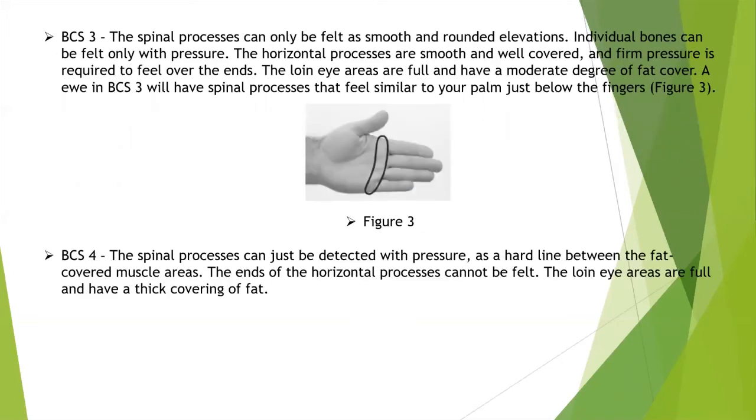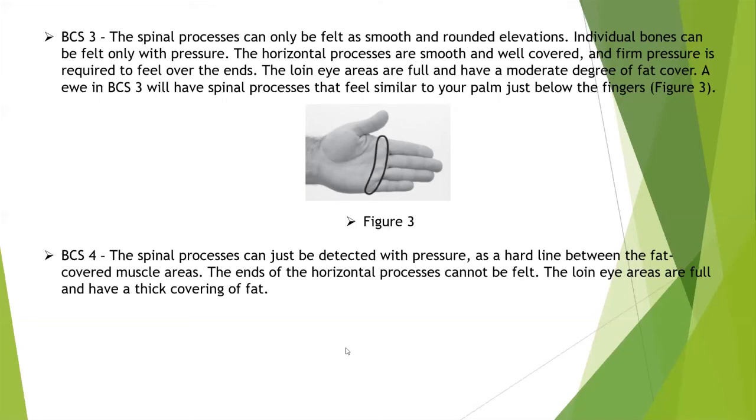Body condition score of 3, it looks like a nice healthy animal, not too fat, not too skinny. If you're doing a visual appraisal, you will not see them, but you will be able to feel them. Not necessarily easily. You can only feel them with pressure, where before you could just feel it, just a quick run of the hand down the back.